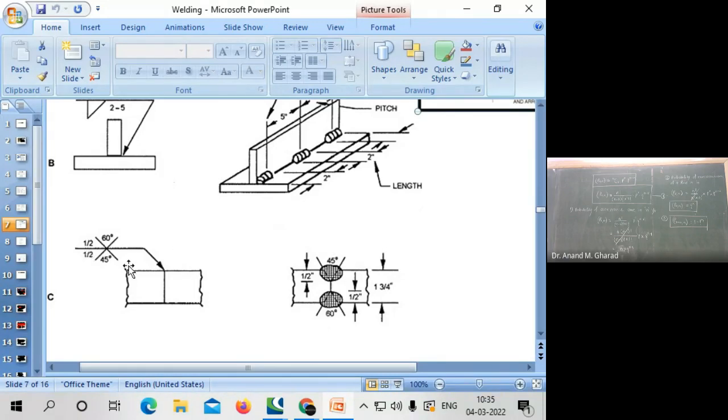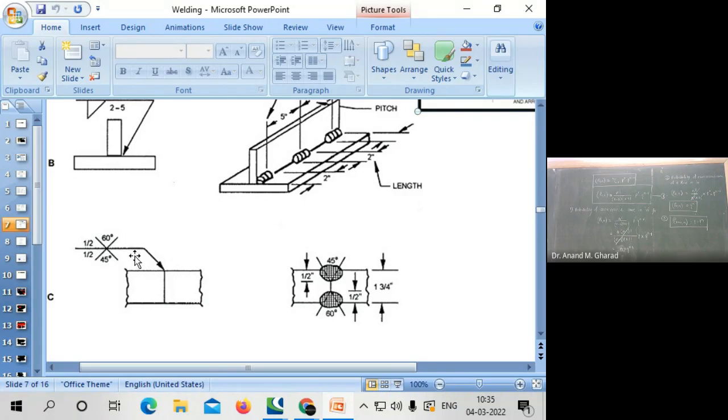While representing the arrow, you are supposed to represent the connection details in such a way that the bottom part of the arrow will represent the connection which is shown at that point. And on the other side, or the above side of the arrow, you are supposed to represent the details of the connections which are on the other side of the arrow which is pointing at the connection.